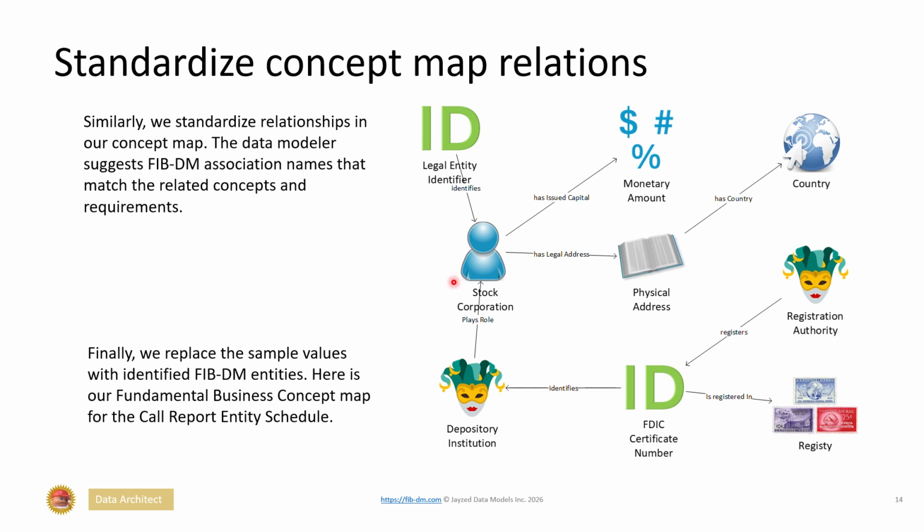If we look at the stock corporation, we find that a legal entity identifier identifies it, that it has issued capital, and that it has a legal address. And so we take these conformed associative entity names, and we add these names into our standardized concept maps.